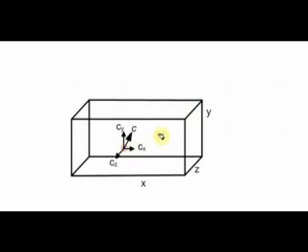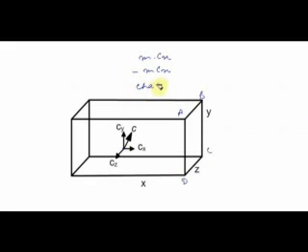Now suppose this molecule collides with the wall ABCD. The momentum of this molecule before collision will be m into cx, and momentum after collision would be minus m into cx, because the collision is elastic in nature, so the velocity of the molecule will reverse.